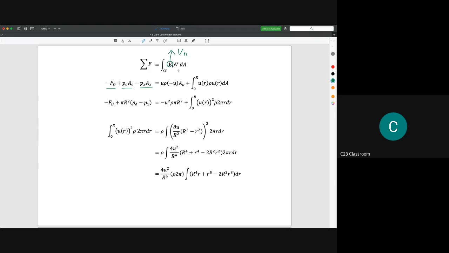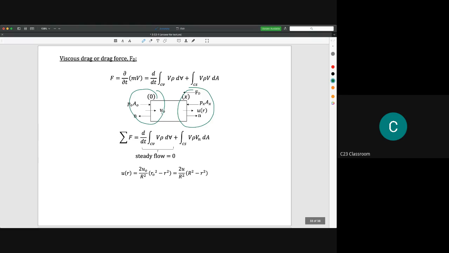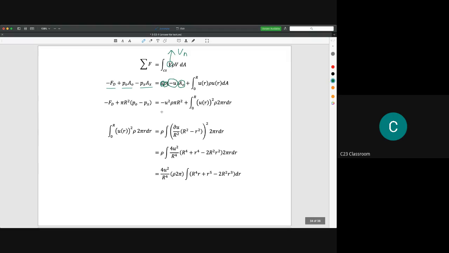We have rho AV, and at the inlet the area is A naught, with rho, and the velocity at the inlet is U. The negative U here shows the velocity of this one, because this direction is reversed relative to the vector n, so the value must be negative U naught.